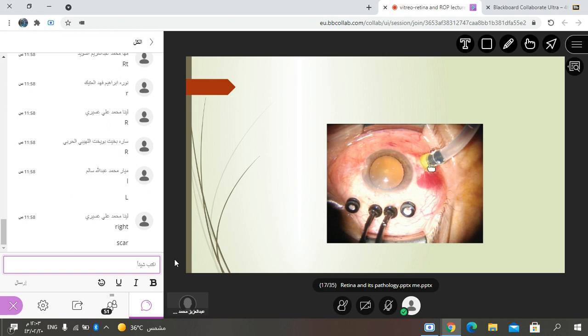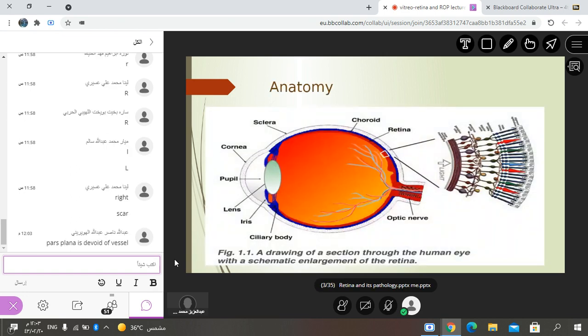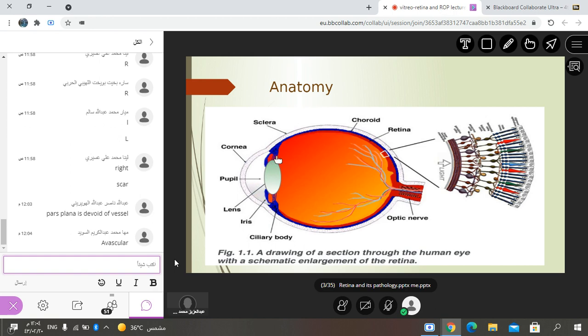And this is the exact location of the pars plana. Why do we go for the pars plana? We'll go back just once. This is the ciliary body, and this is the iris. This is the suspensory ligament and the zonules, this is the pars plicata, and this is the pars plana, which is part of the ciliary body.